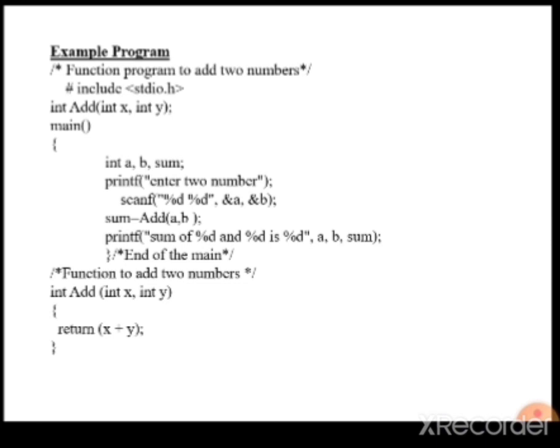Here x plus y, the sum of a plus b, is returned and stored in the sum variable. From the return statement, the value is assigned to the function call variable, whatever variable you gave here, and then the printf statement executes. So this is the way a function executes.